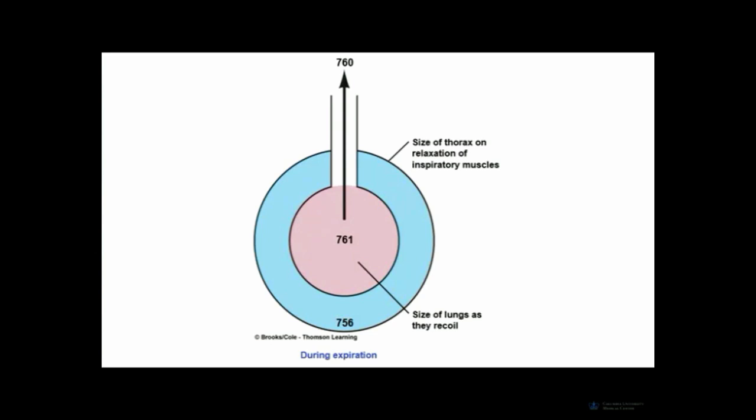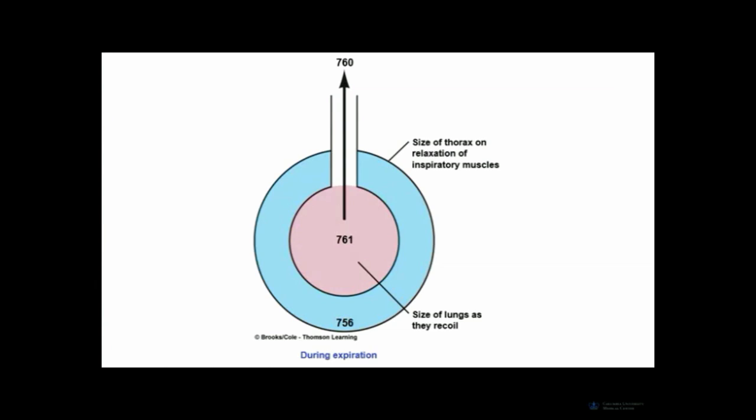Now, when we breathe more effortfully, okay, if we breathe with more effort, we breathe deeper, we breathe harder, it still involves the diaphragm and the external intercostal muscles, but those muscles get stimulated to a more intense degree, right?